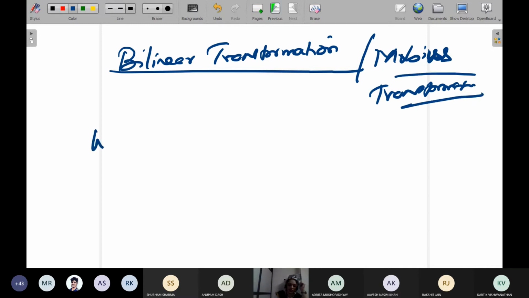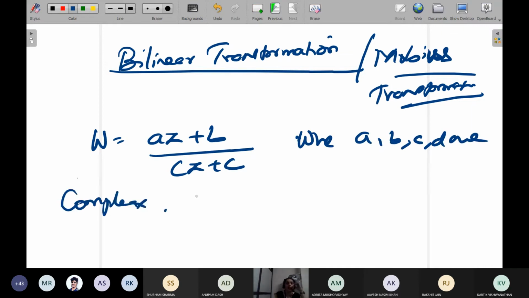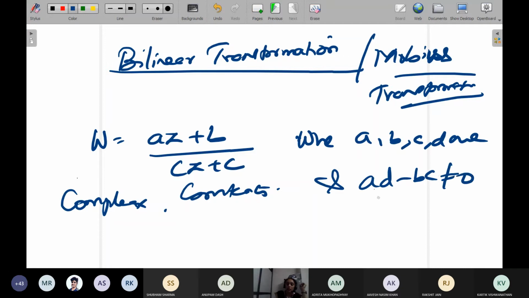A transformation of the form w = (az + b)/(cz + d), where a, b, c, d are complex constants, and ad - bc is not equal to 0. This is called the determinant of the transformation.